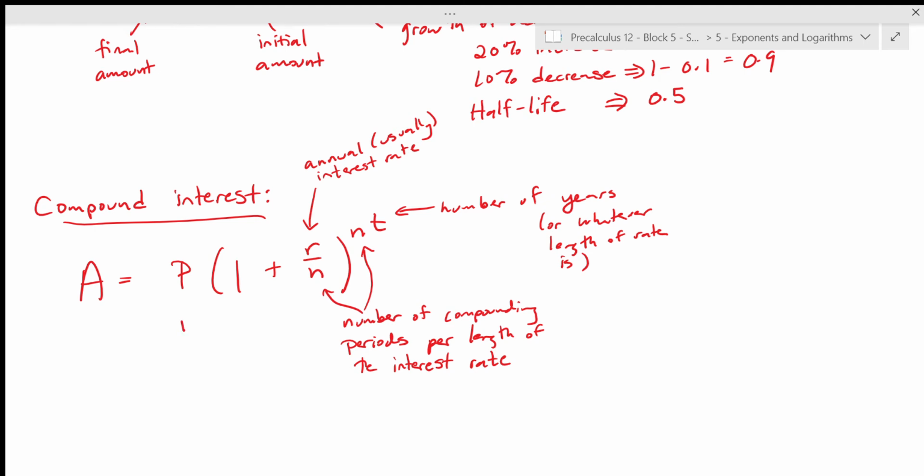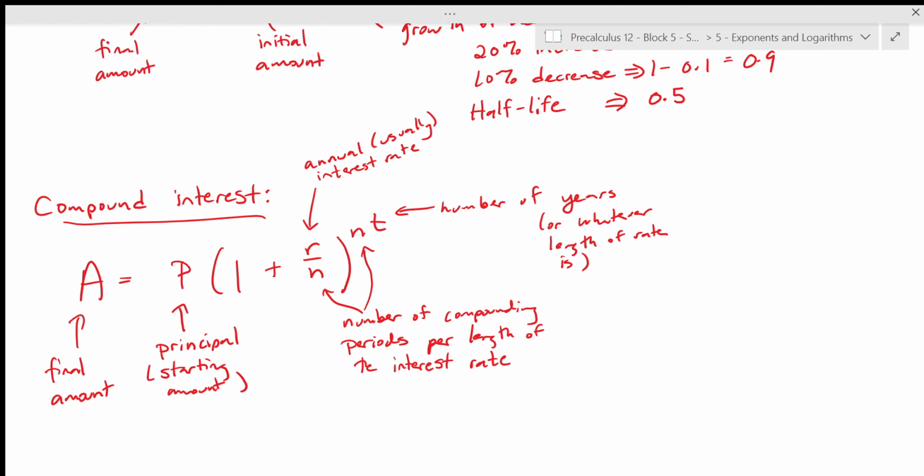P is your principal or initial amount. It's your starting amount. And A is your final amount. So this is how you calculate the actual amount you would end up with given a certain principal, a certain interest rate, and a certain number of compounding periods per rate.